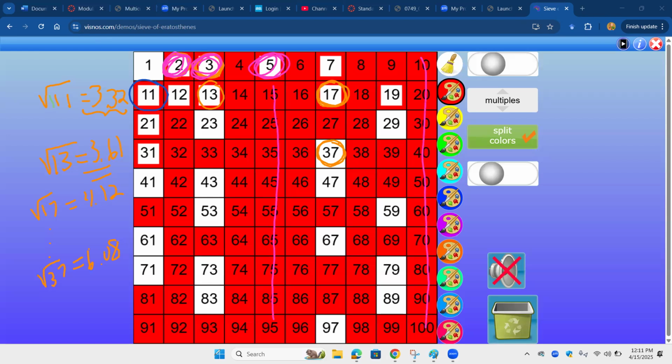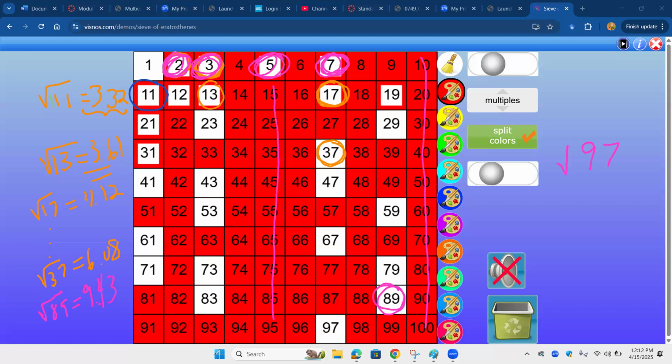So let's go all the way. Let's do the last two. Let's do 89. The square root of 89 is 9.43. So I have to find prime numbers that are less than 9.43. So that's these three. There's nothing. I've already crossed out all the multiples of 7 and did not cross out 89.